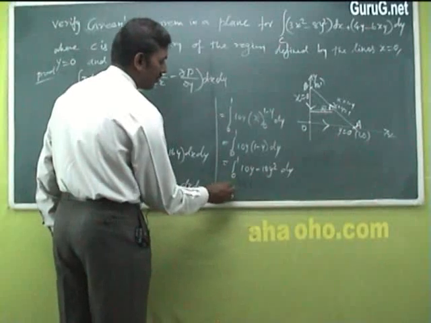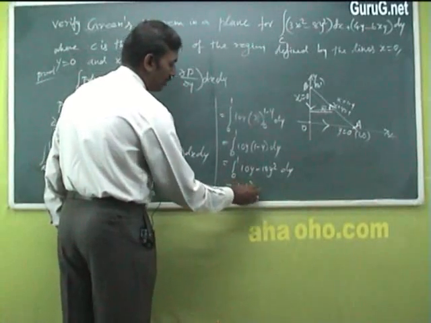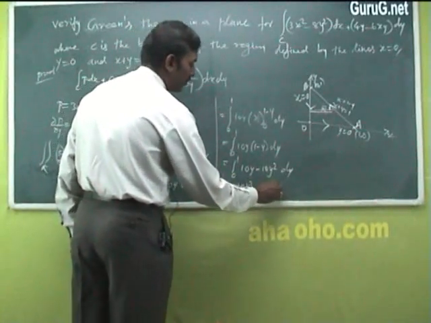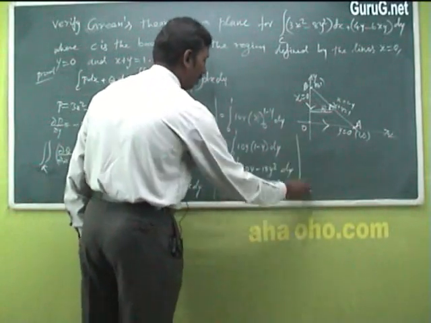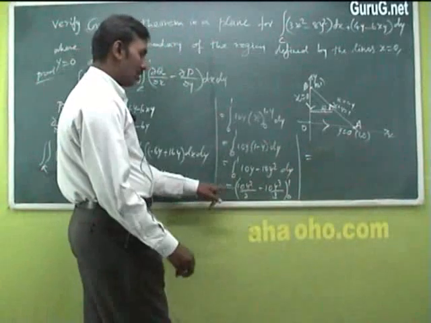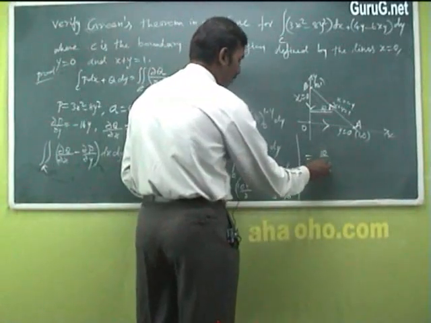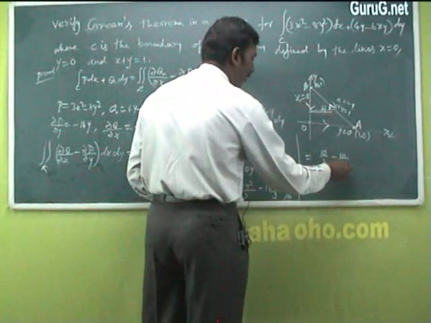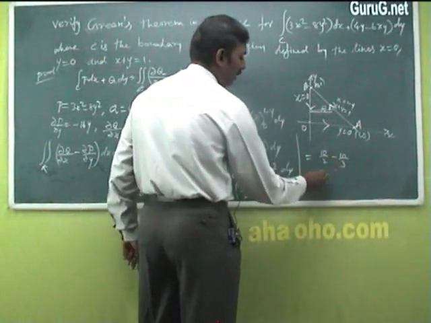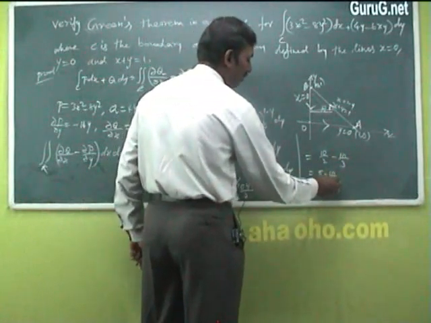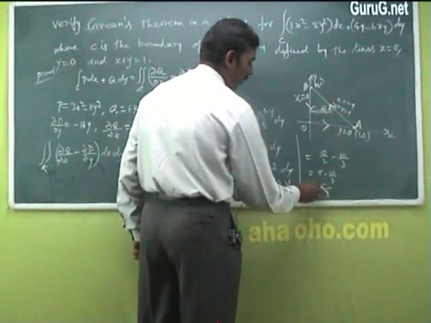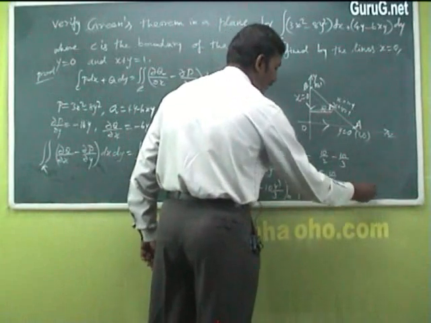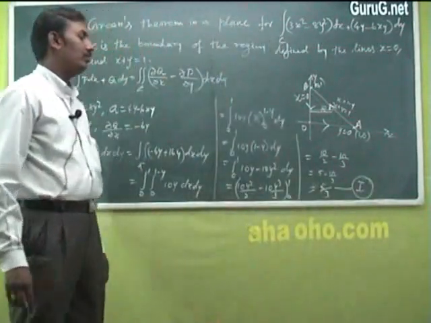So integrate this: 10y squared by 2 minus 10y cubed by 3, from 0 to 1. So this is equal to 10 by 2 minus 10 by 3. So 5 minus 10 by 3, so 15 minus 10, so 5 by 3. So we take it as equation number 1.